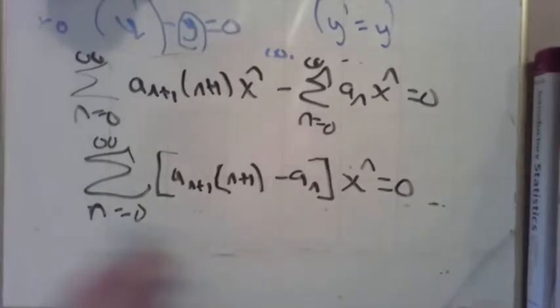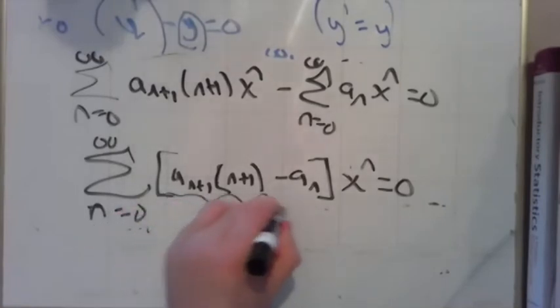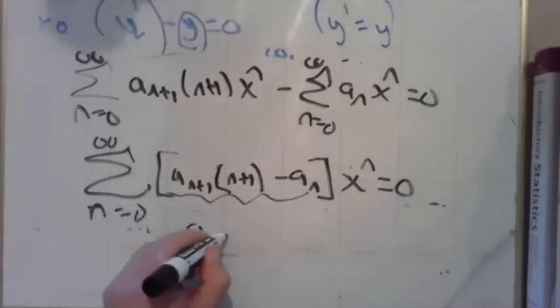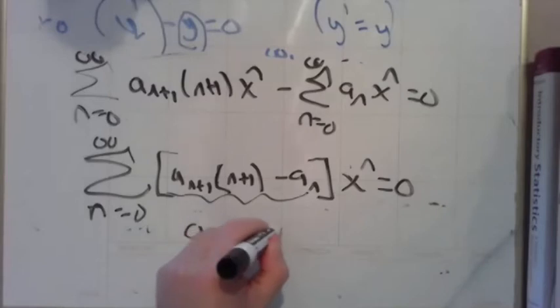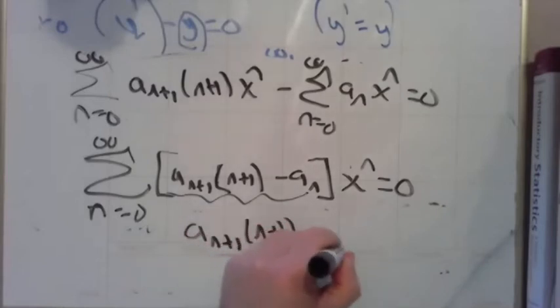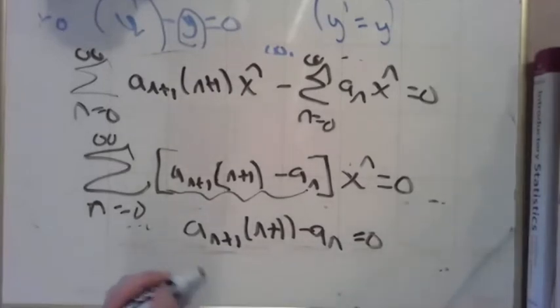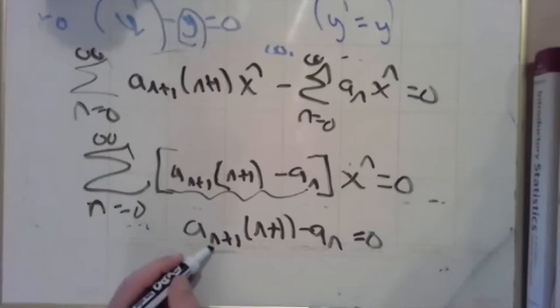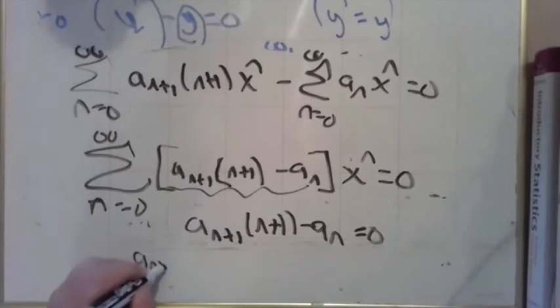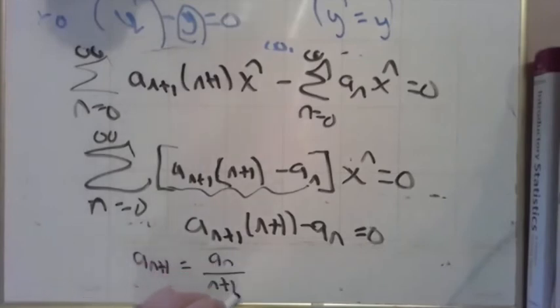That means this stuff here must equal 0. Which means if I move this a_n, we always want to solve this for the higher subscript. This says a_(n+1) will be a_n divided by n plus 1.